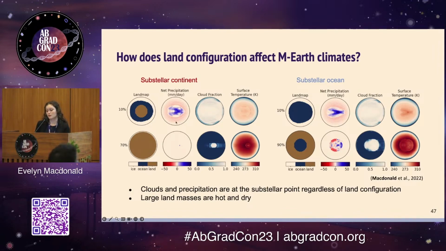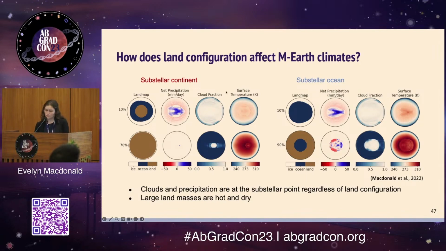You'll notice it always rains at the substellar point and water evaporates from the ocean everywhere else on the day side. And this is true for these substellar ocean models as well. You get clouds and precipitation in the middle of the day side and over ocean, regardless of where the land is. So the water comes toward the center of the planet where it's warmest, rises, condenses out, and you get rain.